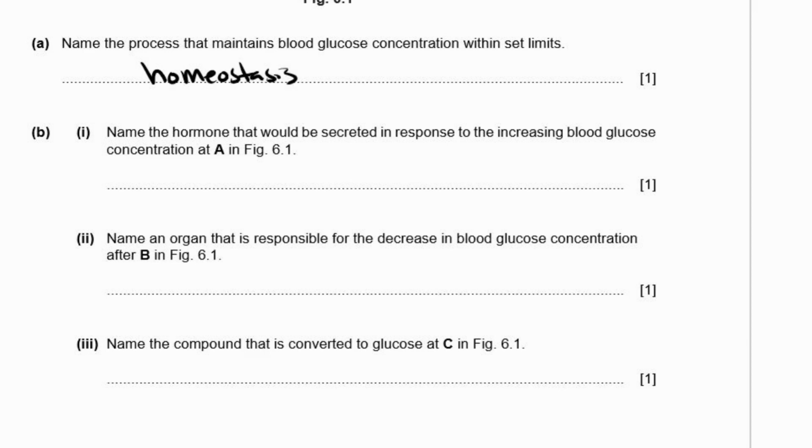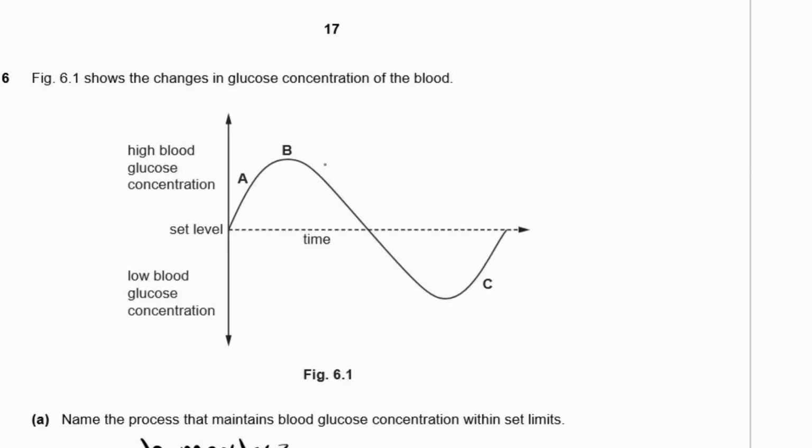You could also say negative feedback, because negative feedback does the same thing. It's basically homeostasis. It's how homeostasis works. B. 1. Name the hormone that would be secreted in response to the increasing blood glucose concentration at A in figure 6.1. So when blood glucose levels go up, something needs to bring it down. That one will be insulin. We'll bring it down.